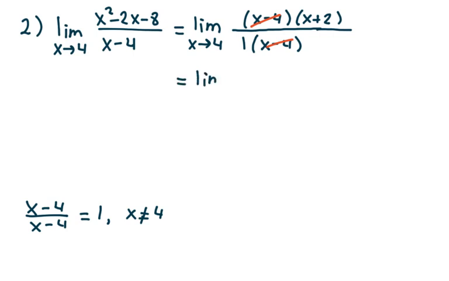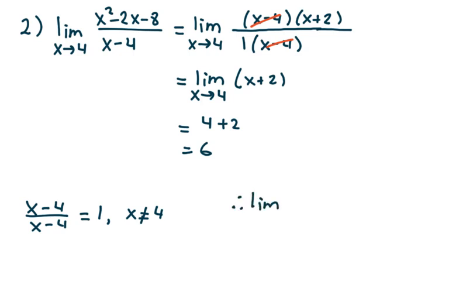And so this is the limit as x goes to 4 of x plus 2. By direct substitution, I replace x with 4 and get 4 plus 2, which is equal to 6. And so, therefore, the limit as x goes to 4 of x squared minus 2x minus 8 divided by x minus 4 is equal to 6.